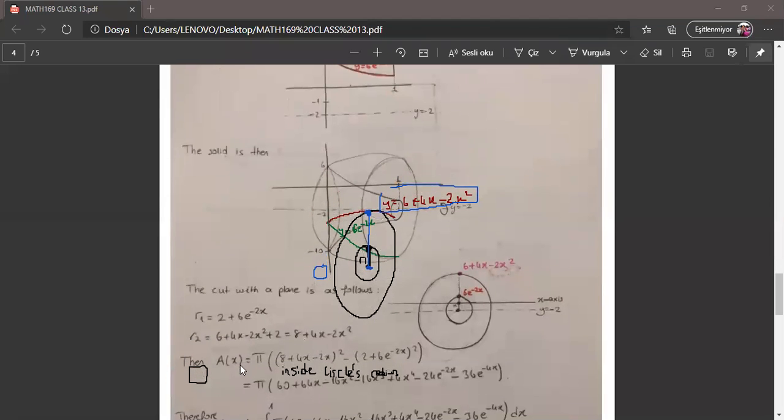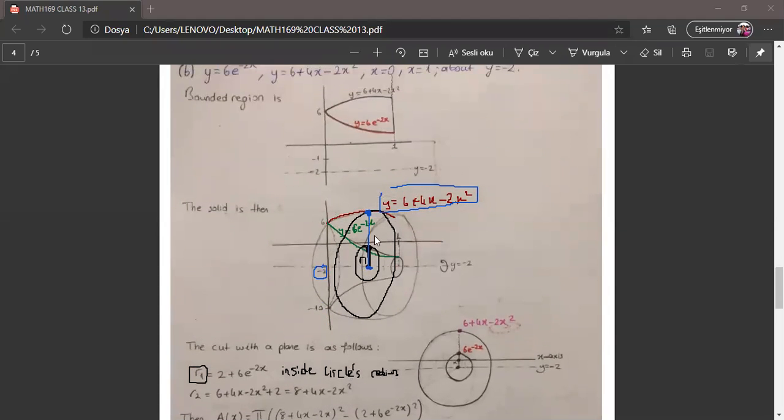We need to compute the area. What's the area of this shape? It's pi times R2 squared minus pi times R1 squared.